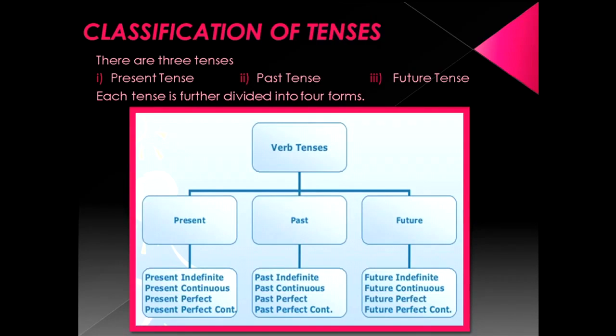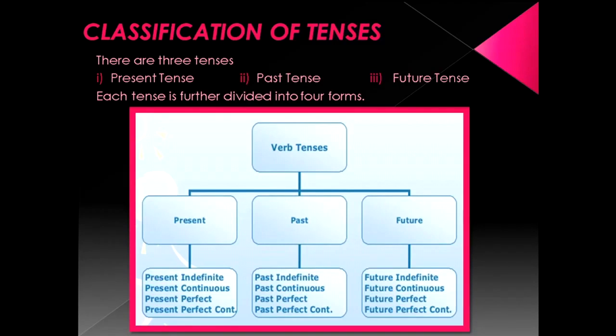Similarly, past indefinite or simple past, past continuous, past perfect and past perfect continuous. Now future tense is further divided into 4 forms. Again, it's like the same way: future indefinite or simple future, future continuous, future perfect and future perfect continuous.